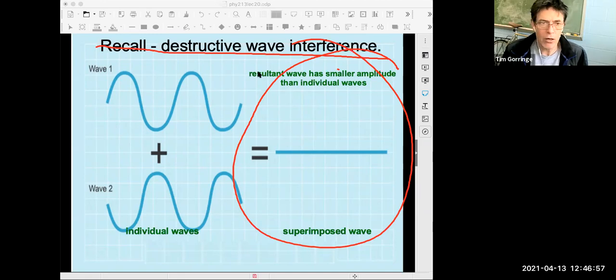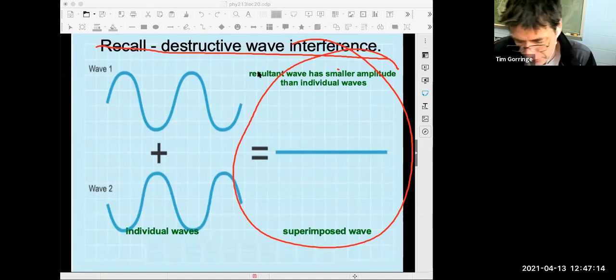We're going to go on in a moment and explain the single slit diffraction pattern by thinking about the destructive interference that's going on. And when we get to the multi-slit experiment, we're going to think about the constructive interference that's going on. So both of these are going to be useful.